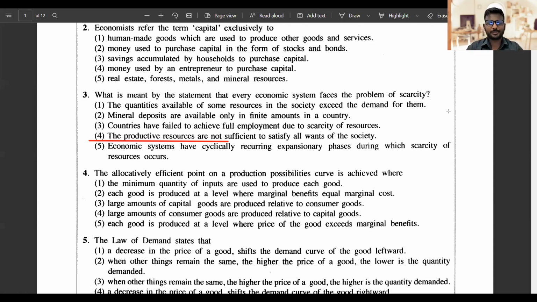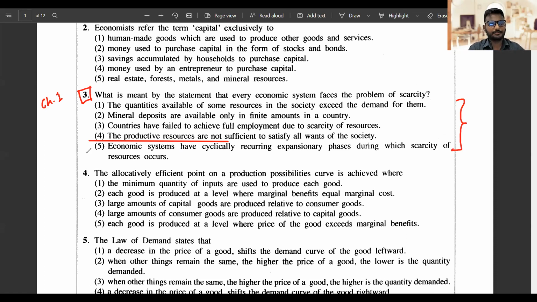Okay, and also one more thing I want to say. You can see here, this is a question from which chapter? Chapter 1, right? We know that because scarcity comes in the first chapter and we are doing the third question. So it's a chapter 1 based question, but the answers need not have concepts only related to chapter 1, right?